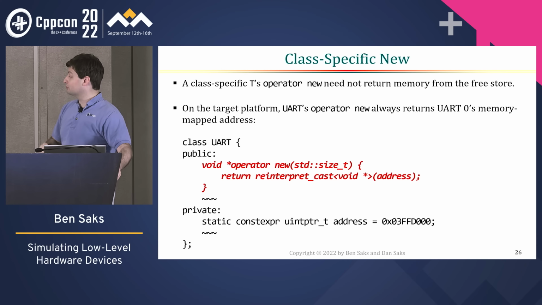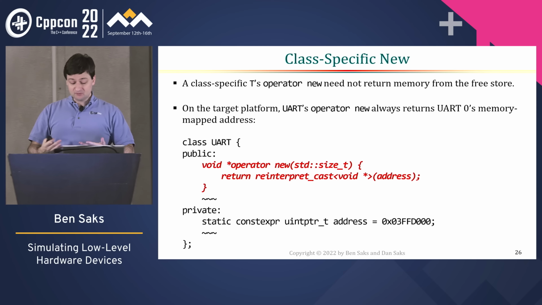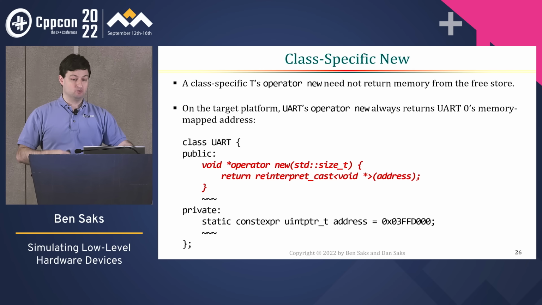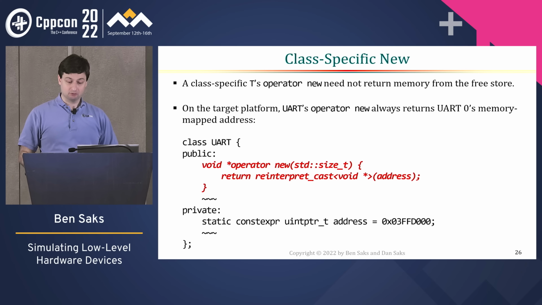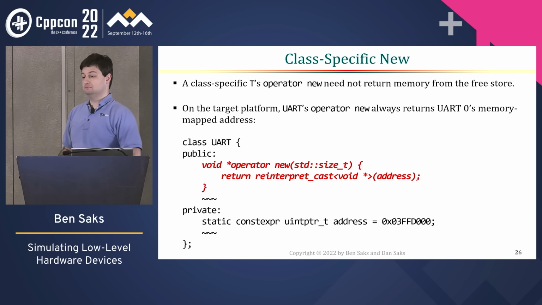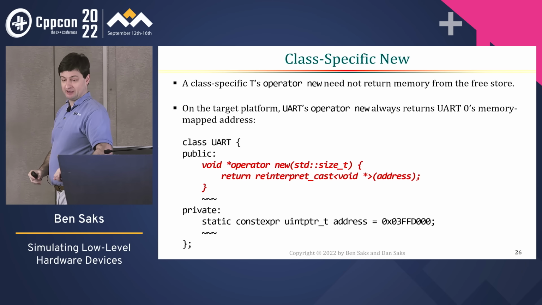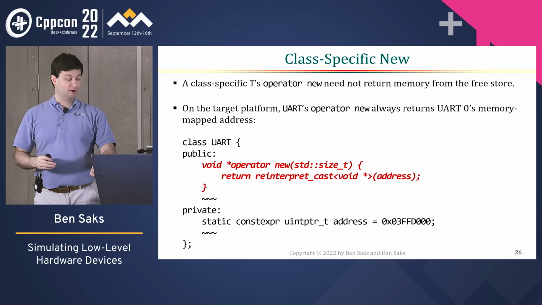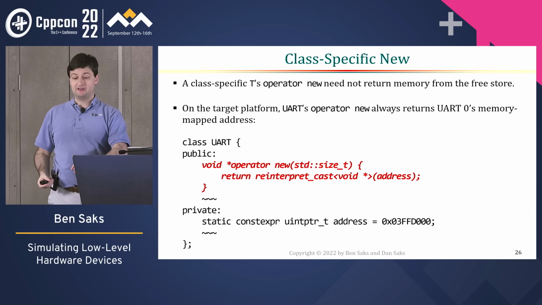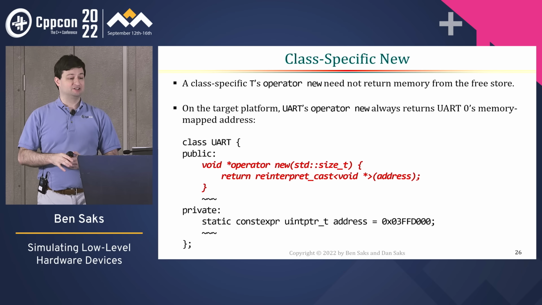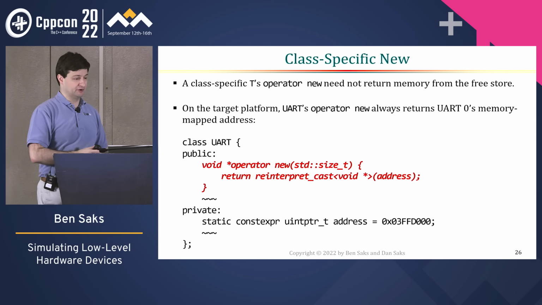And in this case, we're going to write it so that it just always returns the address where UART objects belong. There's one place in the hardware where UARTs have to go to be meaningful for the hardware. Operator new just always returns that address. Actually, I guess I should say there are two places because we have two serial ports.